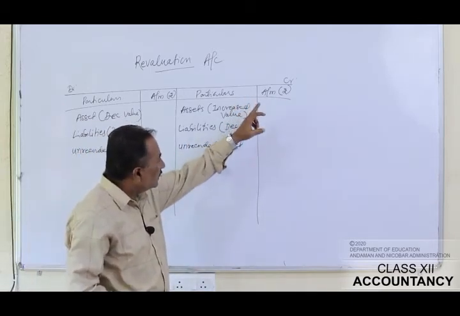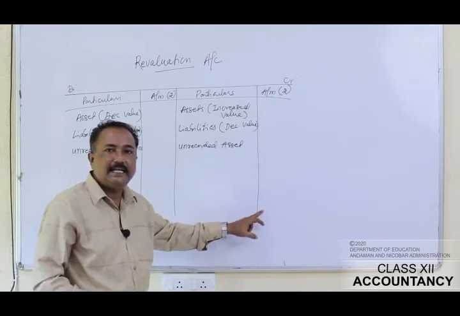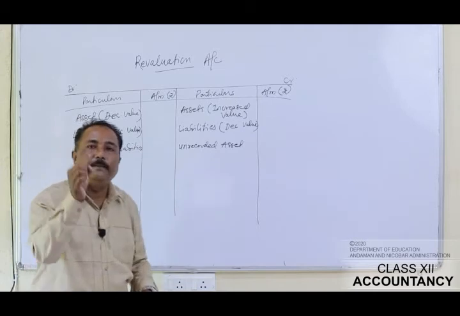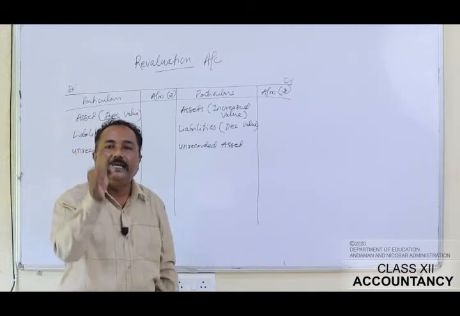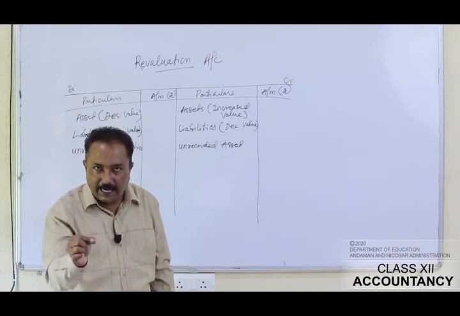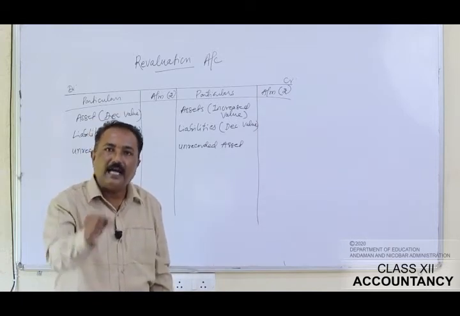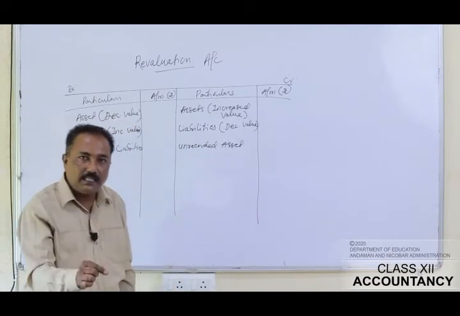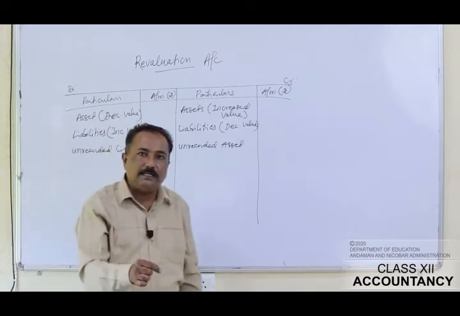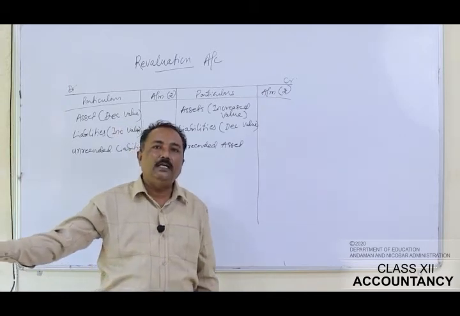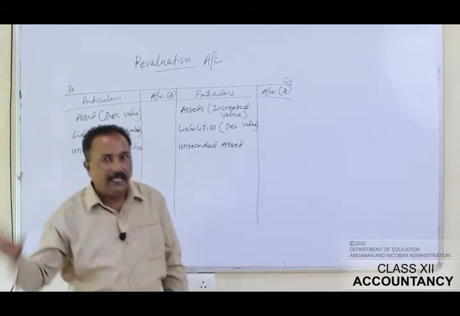If the amount of the credit side is bigger than that of the debit side, then it is a credit balance, and we call it the gain on revaluation. That gain has to be transferred to the old partners' capital accounts in their old profit sharing ratio.